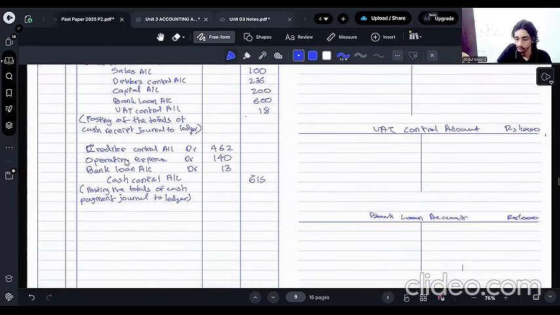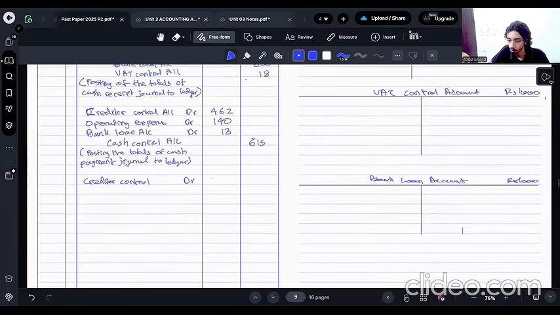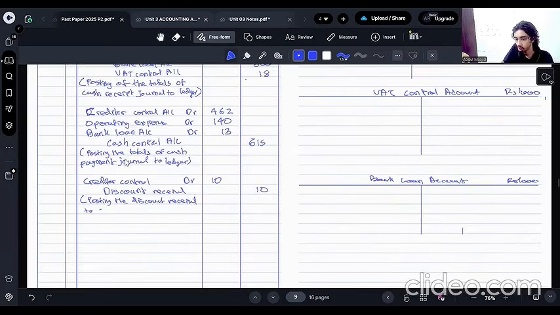Okay, you're gonna say creditor control debit. How much was that? 10. Discount received credit 10. Okay, then if there's a discount allowed below the cash received journal totals, you need to show that as well. So you're gonna say posting the discount received to ledger. Then that is done.